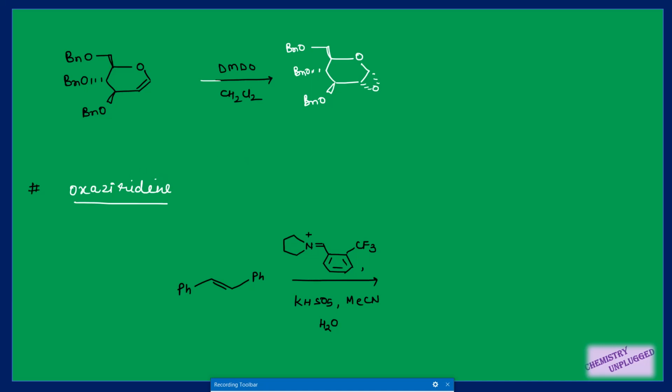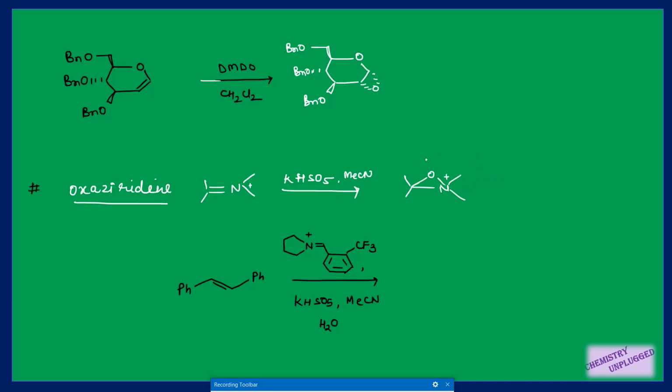So how can we synthesize this oxaziridine? They will not directly give you this oxaziridine in an exam question. They will give you iminium salts. You can recognize imine, right? And from this imine, this iminium salt will form. Suppose I have this iminium salt here, and along with this iminium salt they will use again KHSO5. So this KHSO5 will do epoxidation of this iminium salt like this.